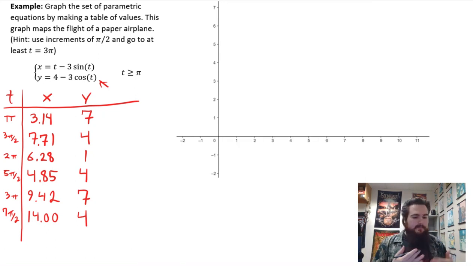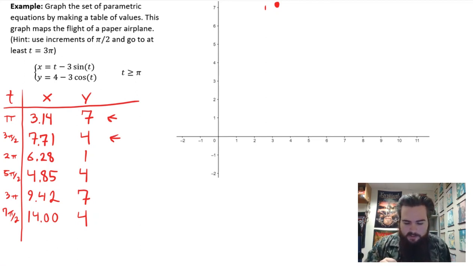Let's plot this now. My first point I plot in my time order is x of 3.14, y of 7. So 3.14 up to 7 would be starting up at the top here. That's my first point. My second point is 7.71 and 4.